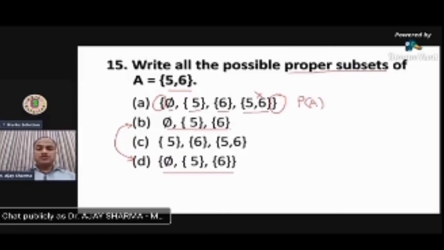If we write proper subsets, they are simply the subsets. We are not writing them inside one more bracket, because that extra bracket will give you the power set of A. So we are not writing that here. The correct option is option B.